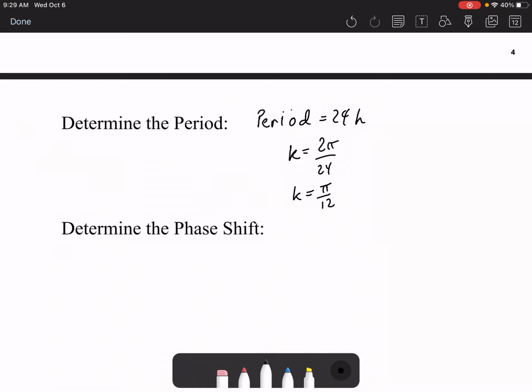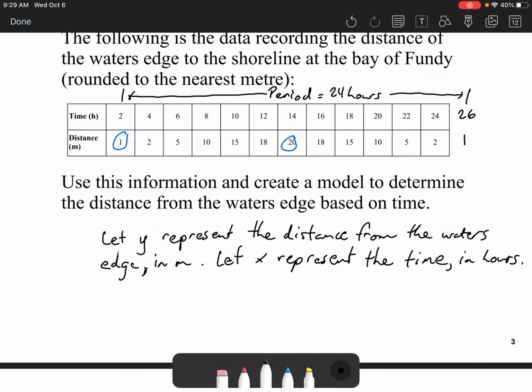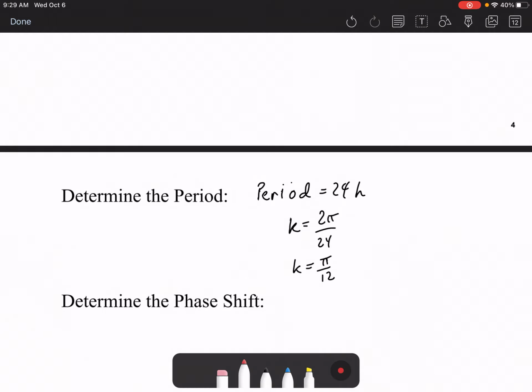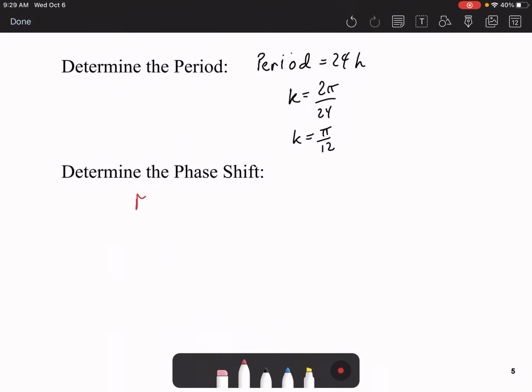Okay, so last part. If we want to model this to cosine, let's say, the best thing we do is we look for the time where we reach a maximum. So if you're modeling this to cosine, you use your t value of 14.